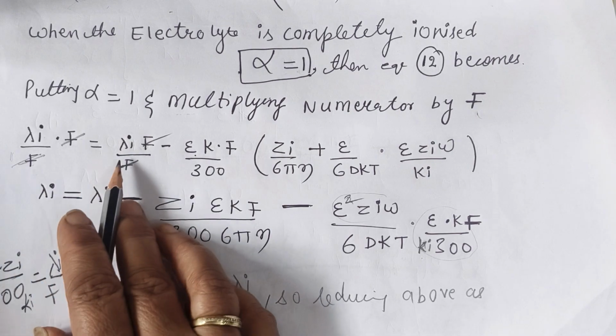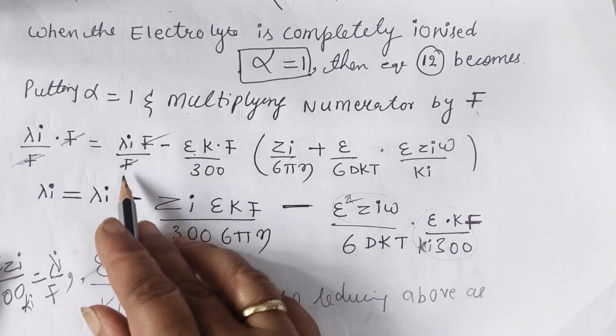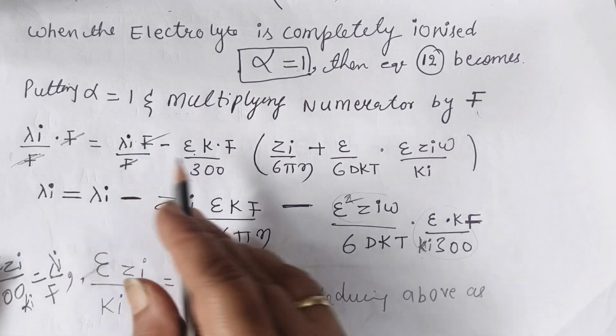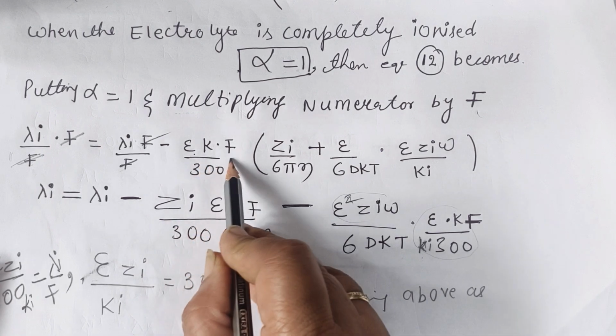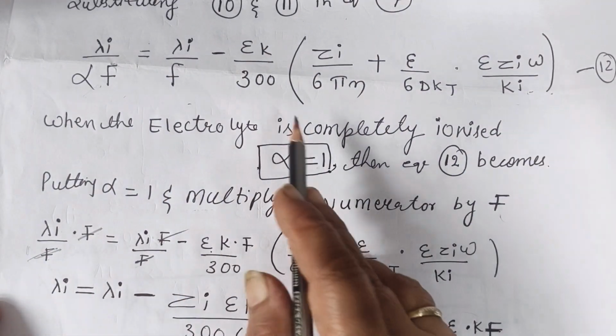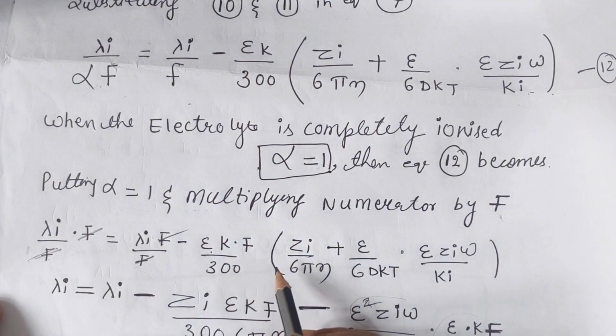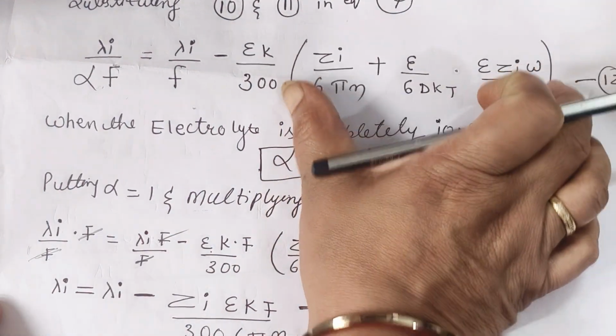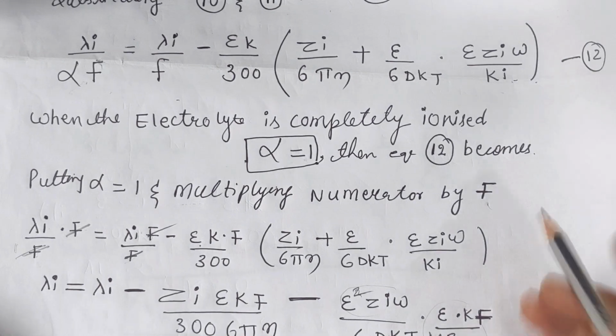So it will be lambda i into F by F, so this F also cancels, minus epsilon k into F. You can see in the upper equation epsilon k into F by 300 as it is, and the internal part will be the same as in equation number 12, right?